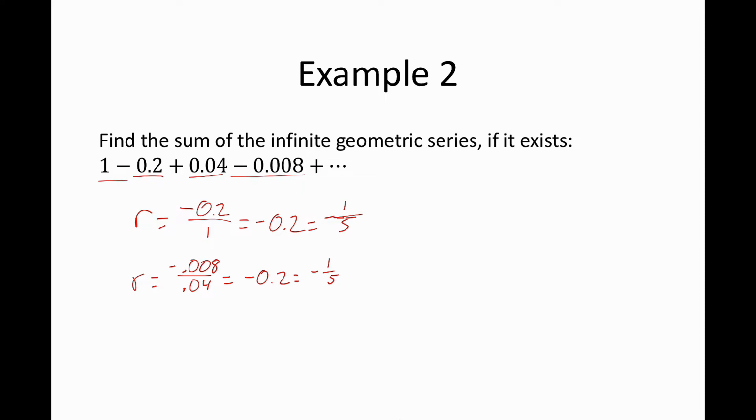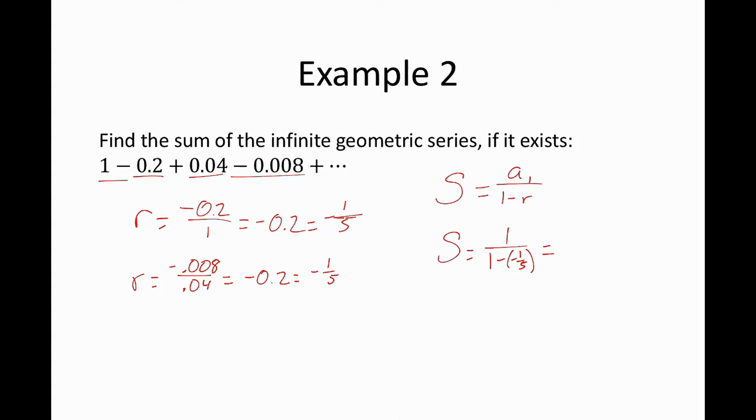Now, plugging that into our formula, S equals a sub 1 over 1 minus our ratio. A sub 1, our first term, is 1. So we get S equals 1 over 1 minus our ratio, which is negative 1/5.